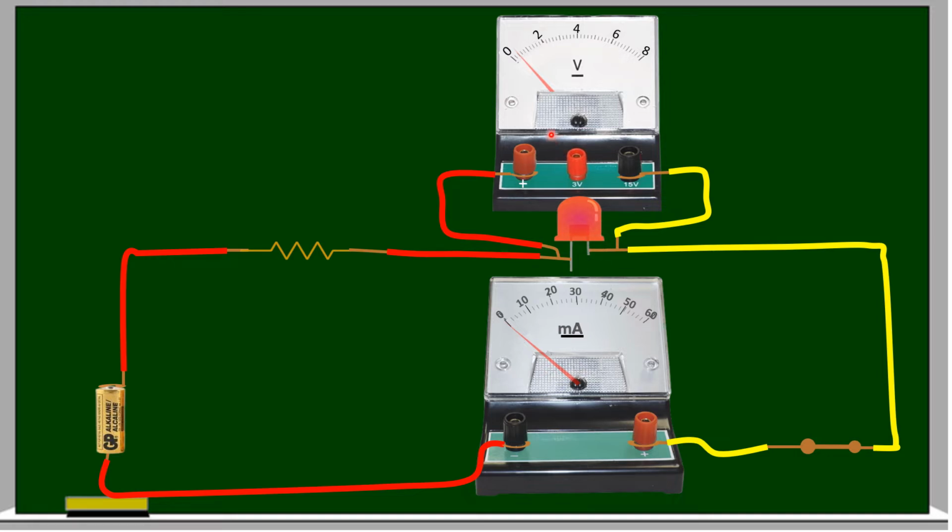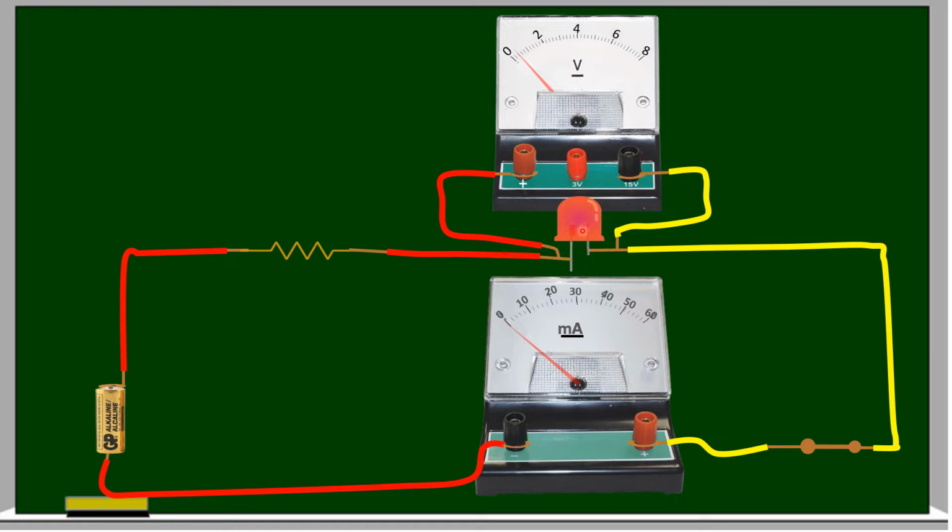Even though some voltage is there between the ends of the terminals. How much voltage is there? Some 0.4 volts has been applied between the two terminals, that is anode and cathode.